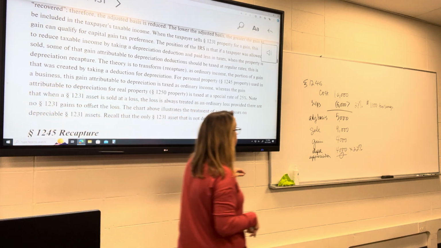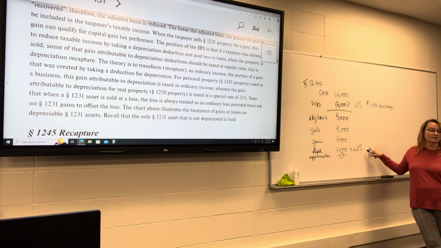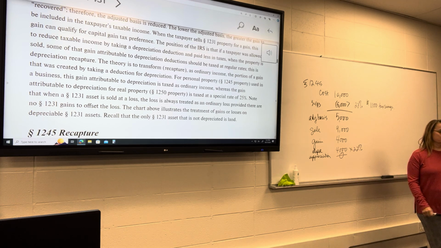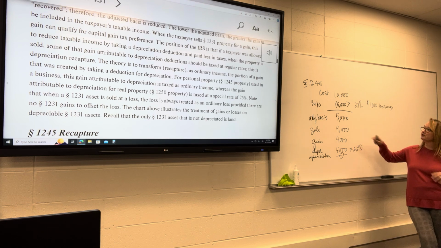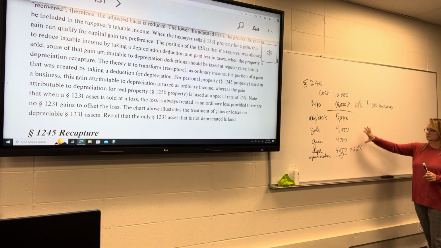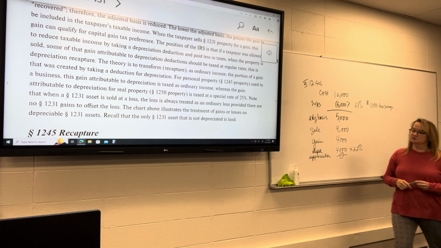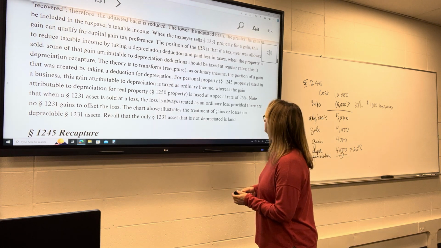We're not going to use our ordinary tax rate. We use a flat 25% tax rate. So the depreciation recapture works the same way, but that tax rate is different. For the 1245, it's whatever your marginal tax rate is. For the 1250, it's 25% on the recapture portion.